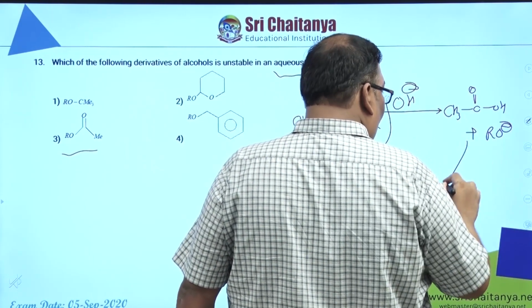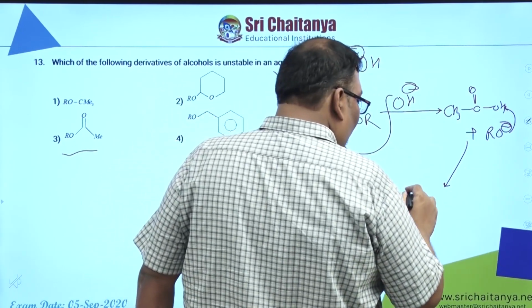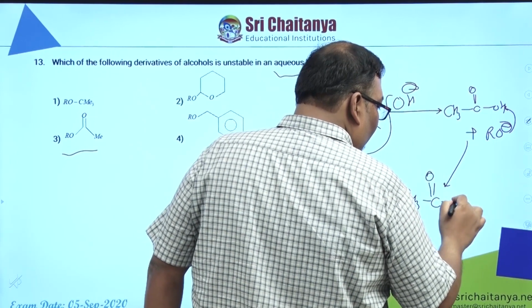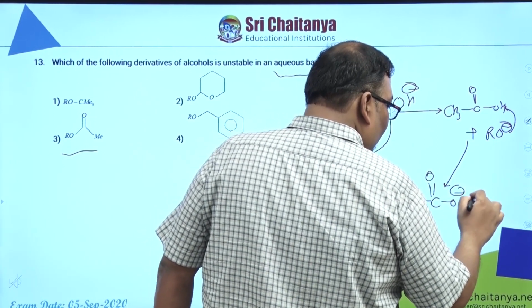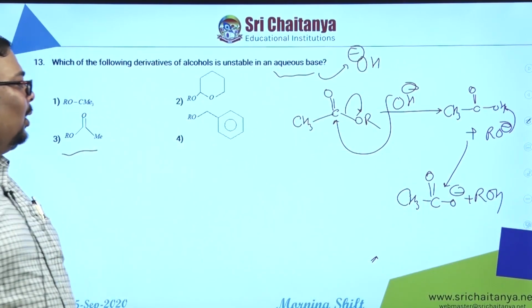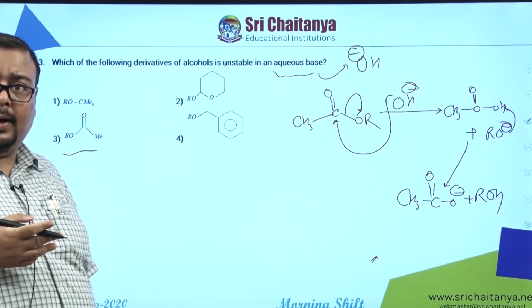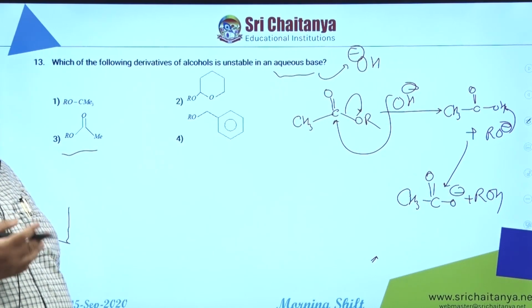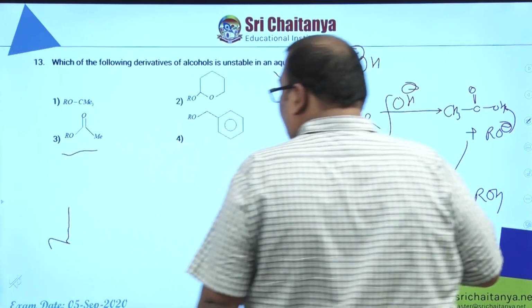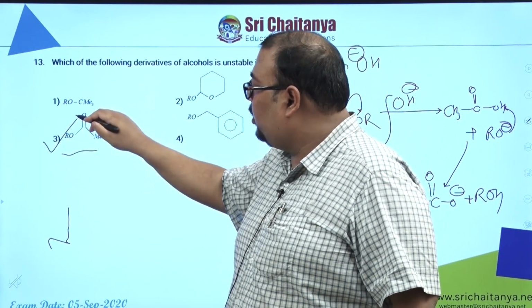And then the RO minus will take this proton because carboxylic acid is an acid, and you will be finally getting CH3, C double bond O minus plus ROH. Okay, so if you see, in this case the ester is reacting with the base in an alkaline medium, so it won't be stable in the alkaline medium. Okay, so in this case the correct option will be option 3.